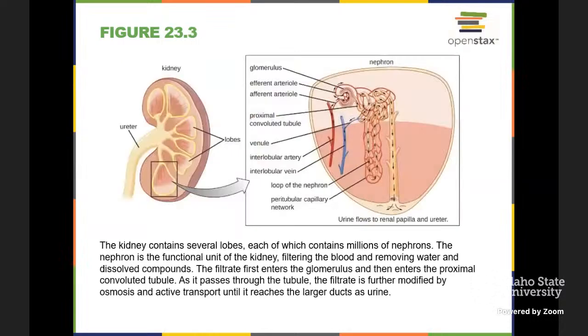So, a cross section of the kidney, moving into it, we're taking a blow up of one of these lobes. And as we blow this up, you can see the glomerulus. We talked before about those immune complexes, like Streptococcus pyogenes causing glomerular nephritis.